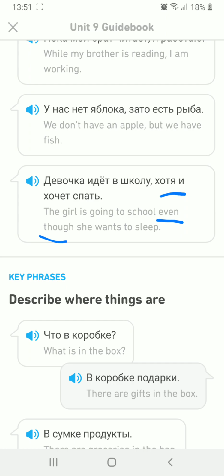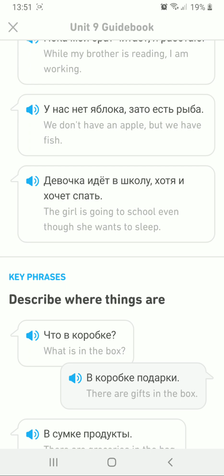So девушка идет. So even though, it seems that here it's a negative thing, but she's doing a positive thing. But it can also be the opposite. It can be like there is a positive thing, but there is a negative thing.